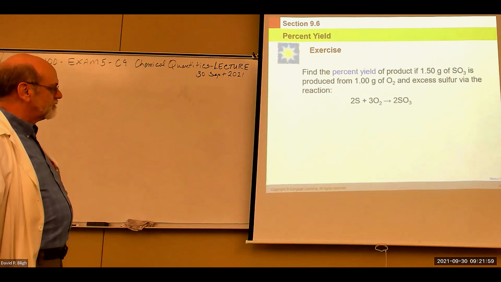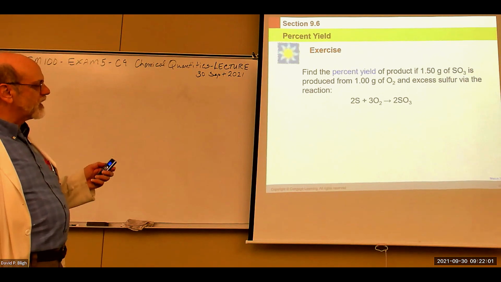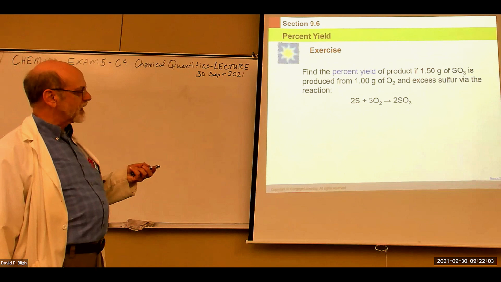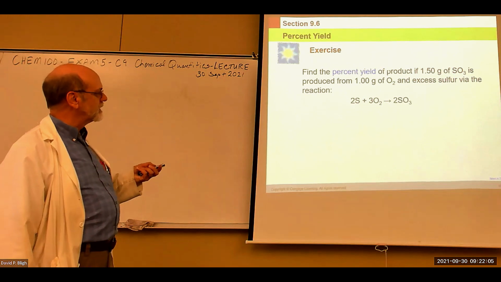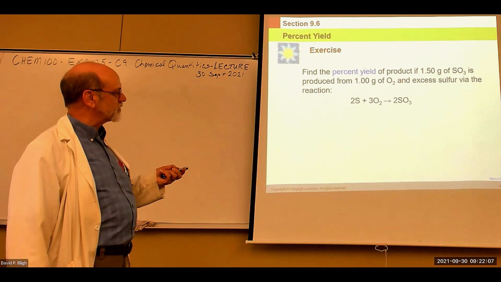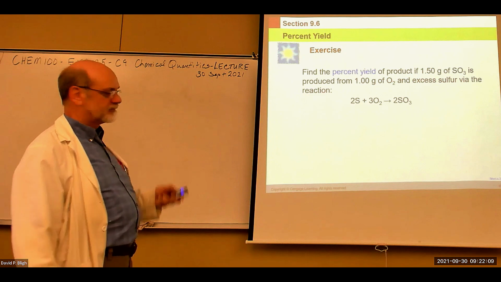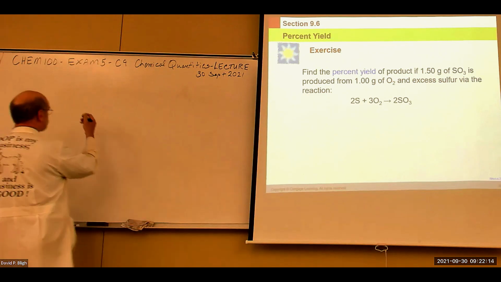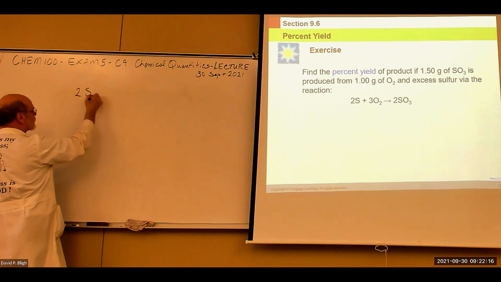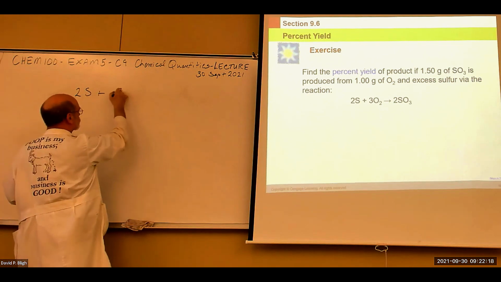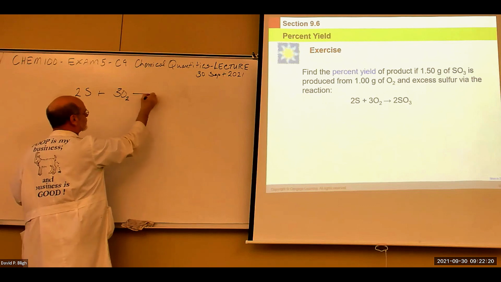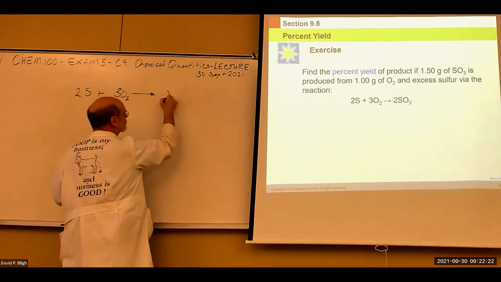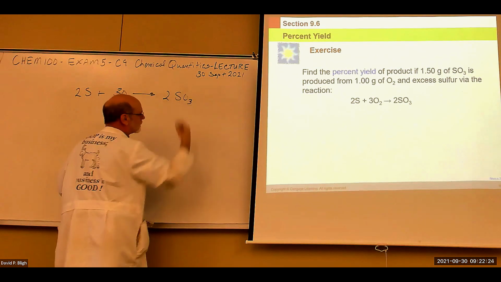Okay, find the percent yield product if 1.5 grams of sulfur trioxide is produced from 1 gram of oxygen and excess sulfur. Okay, so let's put this equation up here. 2 sulfurs plus 3 oxygens yield 2 sulfur trioxide.